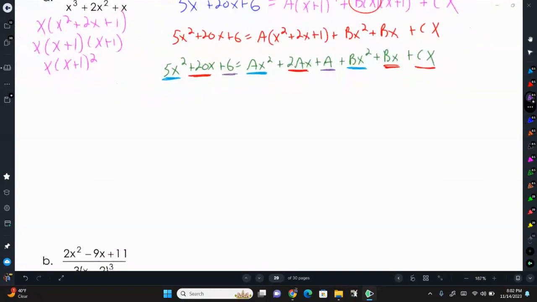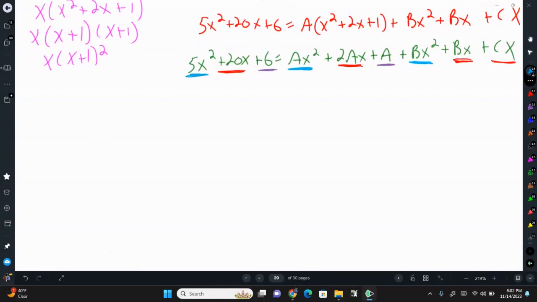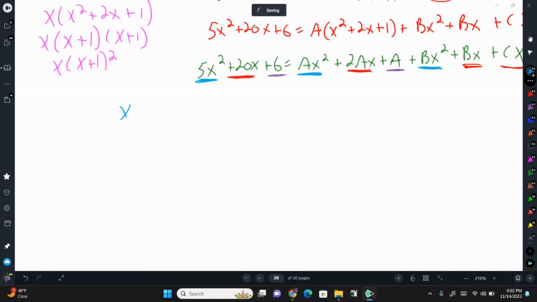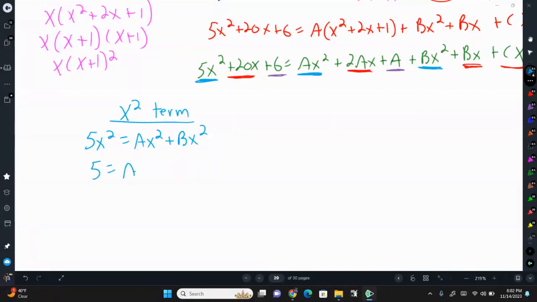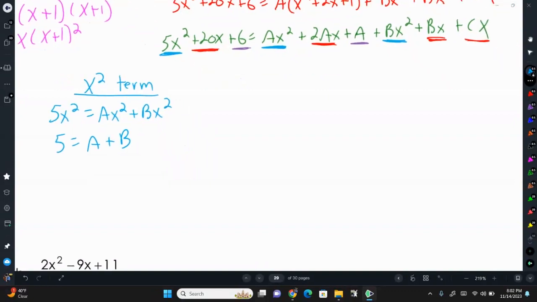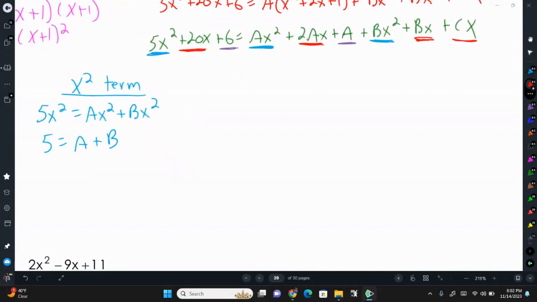So we have the three equations we're trying to figure out. For the x squared term, we said 5x squared equals ax squared plus bx squared, meaning 5 has to equal a plus b. Well, we don't know what a or b are right now. Then in red, we had the x term.